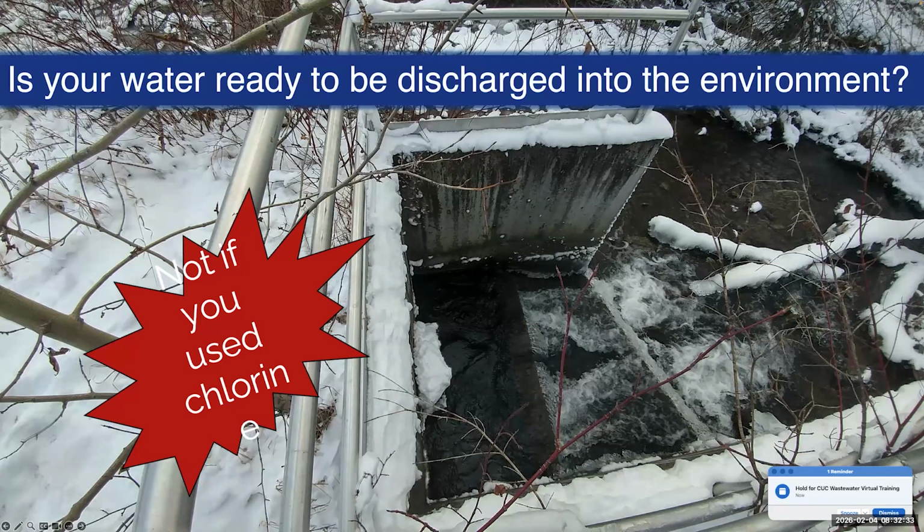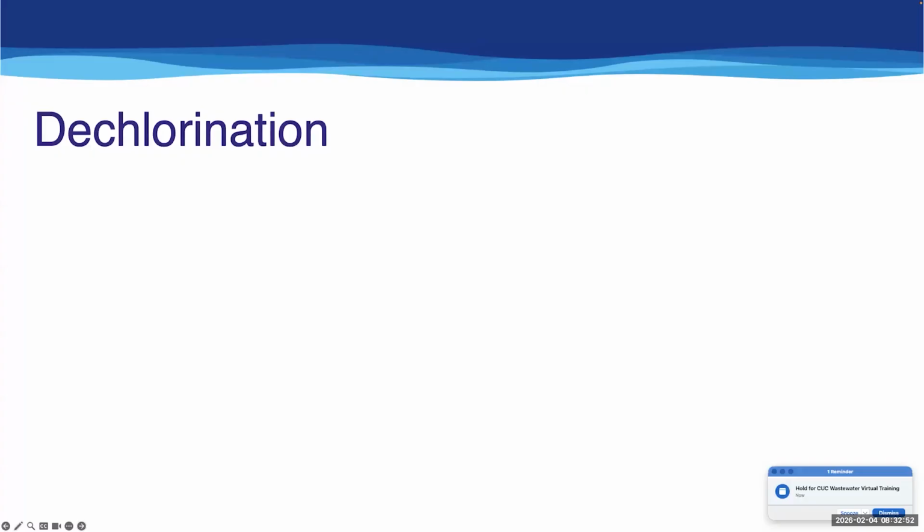So several orders of magnitude lower. So, if we have chlorination as our disinfection method and we discharge without dechlorination, there's going to be fish kills, there's going to be a lot of negative impacts, and there's going to be fines that go with that. So we want to make sure that we understand the dechlorination process and that we do it correctly.